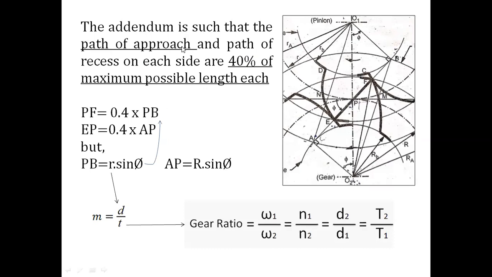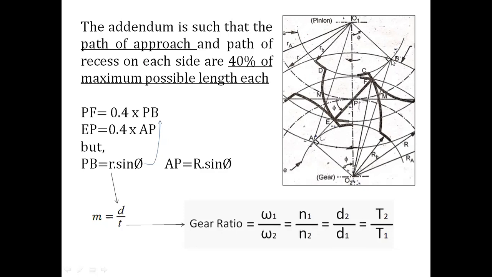Okay, path of approach. Now listen here. Path of approach is 40% of maximum possible length. What is path of approach? PF. This is path of approach. This path of approach PF is 40%, that means 0.4 into maximum possible length. What is maximum possible length? PB. Maximum possible length of path of approach is PB, and after that interference will occur.